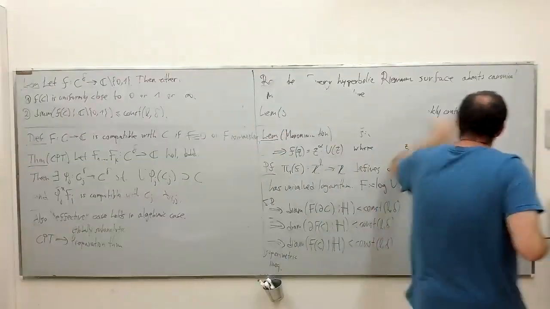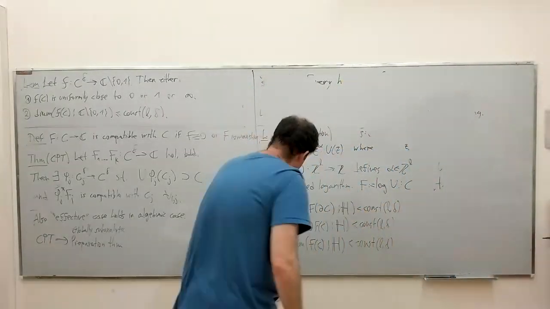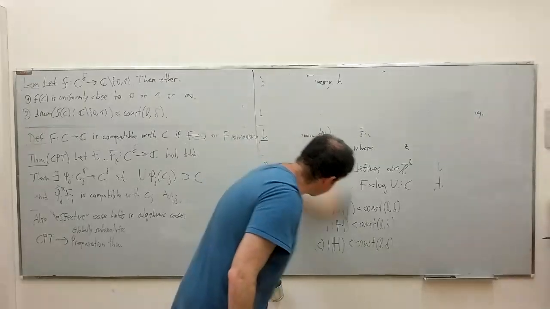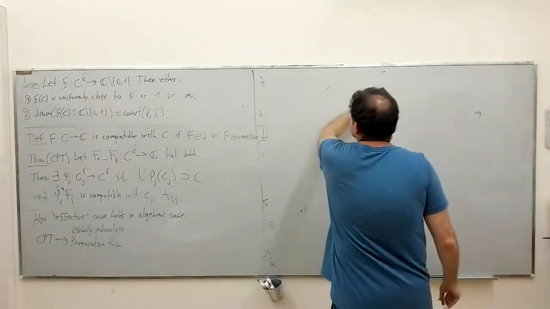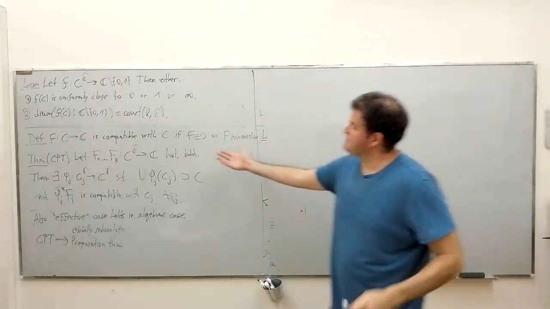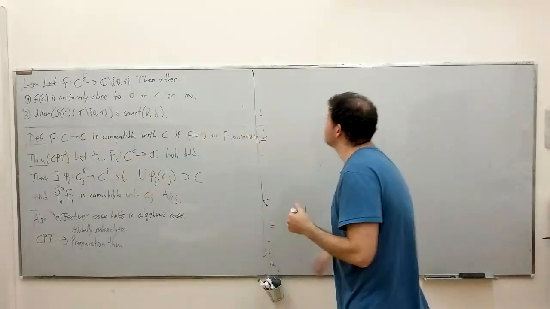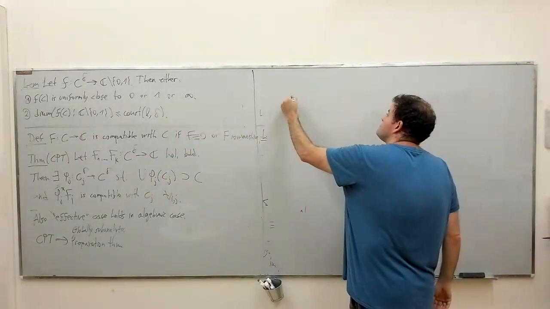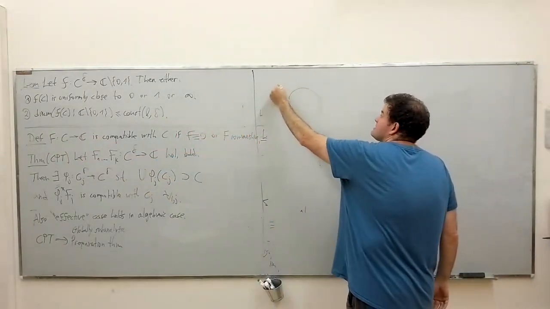So let me just show you with a picture what happens in dimension 1. So what is the theorem in dimension 1? In dimension 1, let's say my cell C is something like a disk. So I have a disk, and it's living inside a little bit bigger disk, let's say twice bigger.